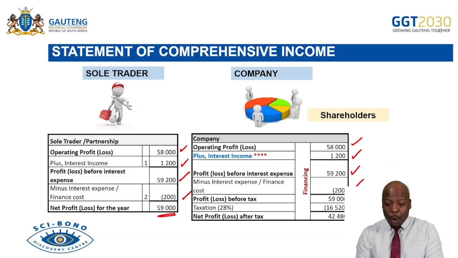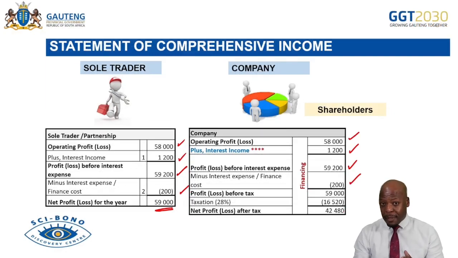We will now have what we call profit before tax. All right? Because if you follow in last week's class, we spoke about the company being a legal entity, which therefore means it is subject to paying tax according to the tax bracket that would have been issued by the Minister of Finance. So at times you find that in your question paper, your tax may be 28% or 30%.